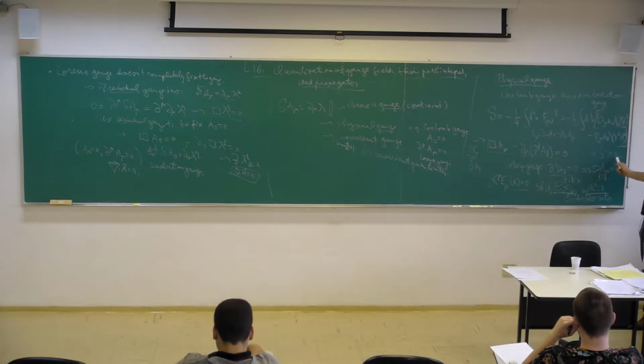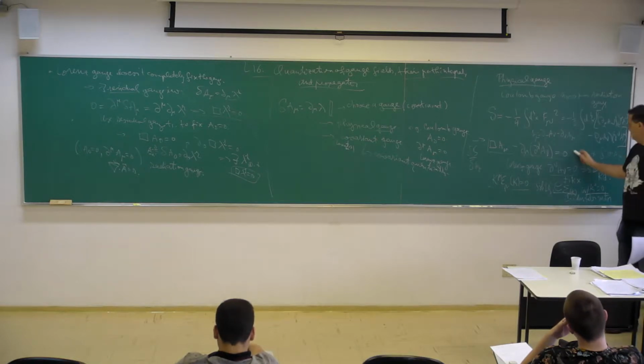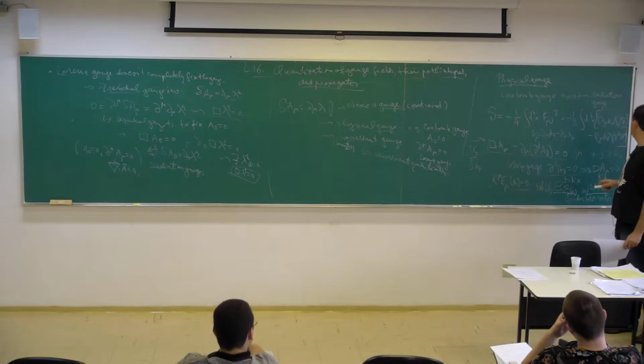And then when I vary with respect to the gauge field, I would get here J^μ, well, minus J^μ or something. And this would still be true in the Lorentz gauge.